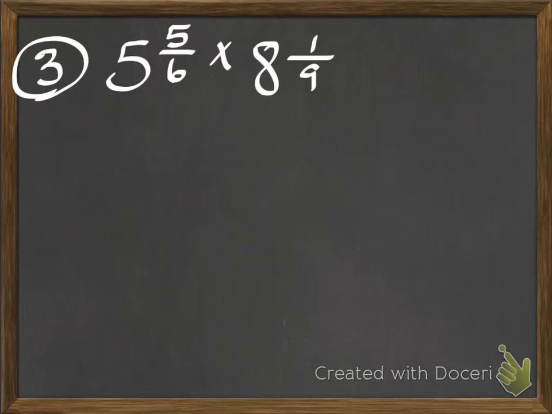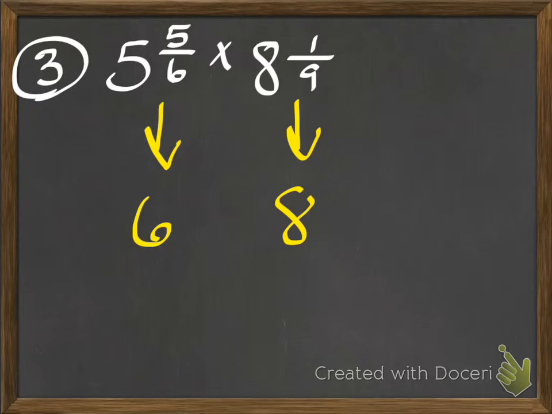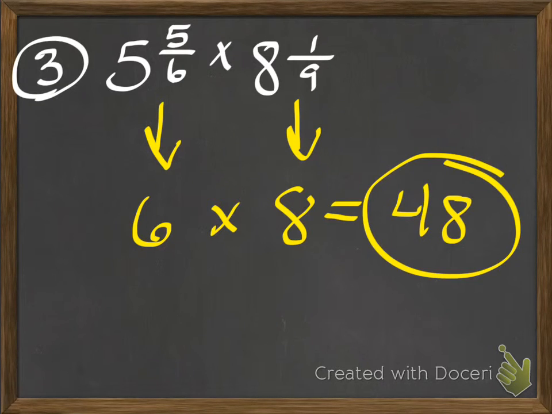Number 3, 5 5/6 times 8 1/9. Estimate that product. Okay, I rounded 5 5/6 to 6, and 8 1/9 is closest to the number 8, so I multiply 6 times 8, and I get 48.